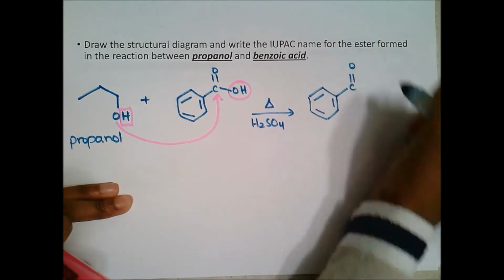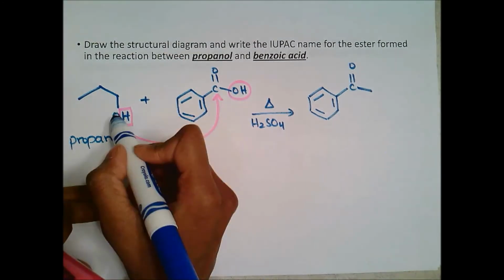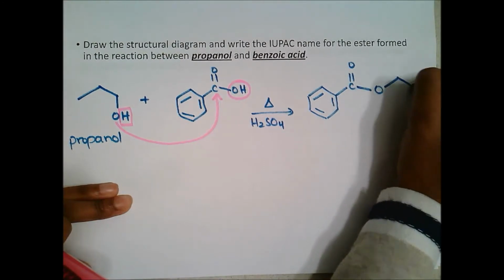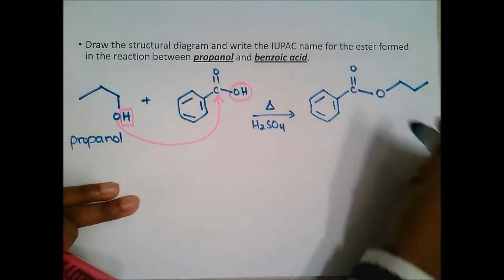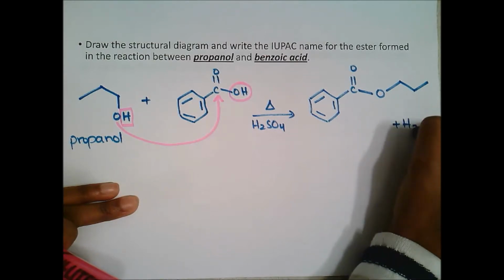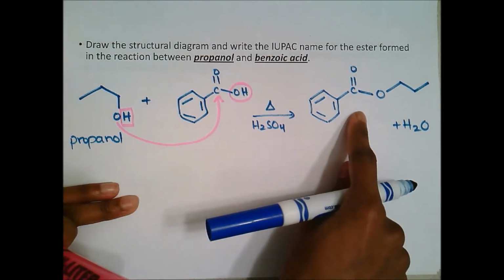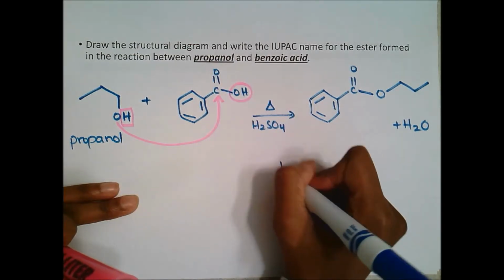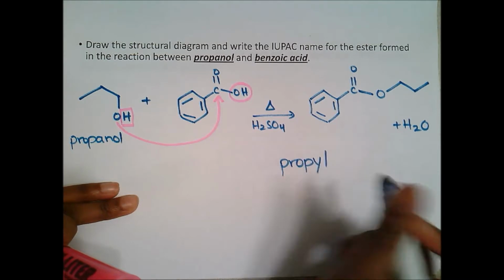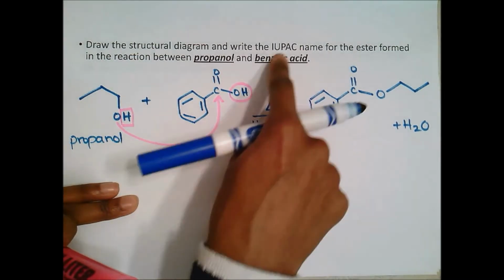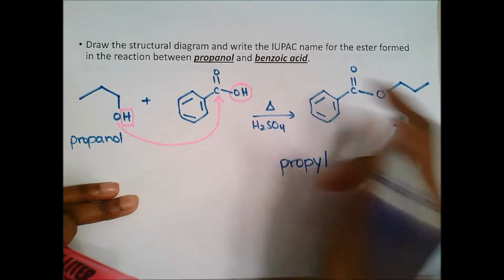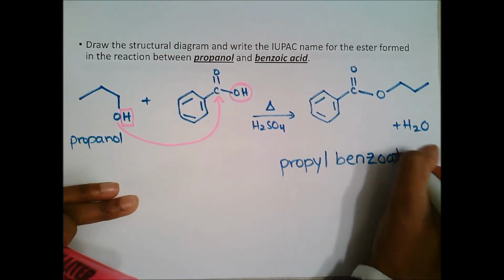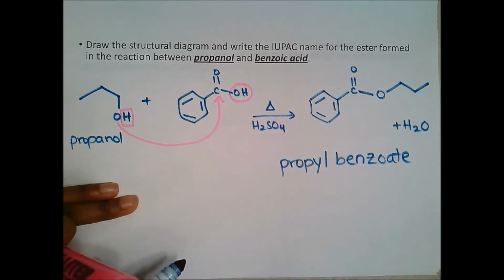Carbon double bonded to the oxygen, and now we have the oxygen with 1, 2, 3 carbons, and you also have the water that came off. So in terms of our name, we take the alcohol group and we add the YL, so it's propyl, and you take the benzoic acid, drop the oic acid, and add oate. So that is called propyl benzoate.